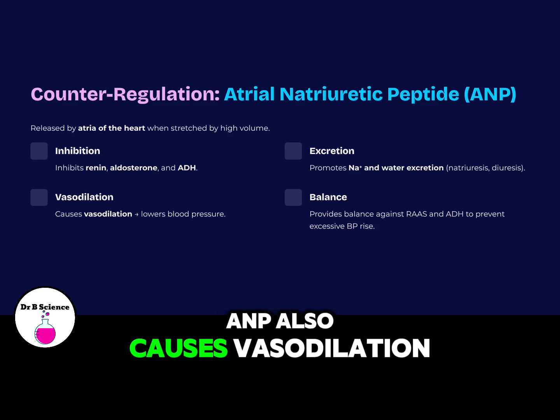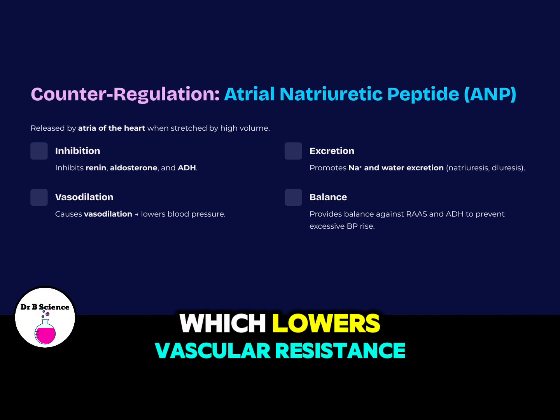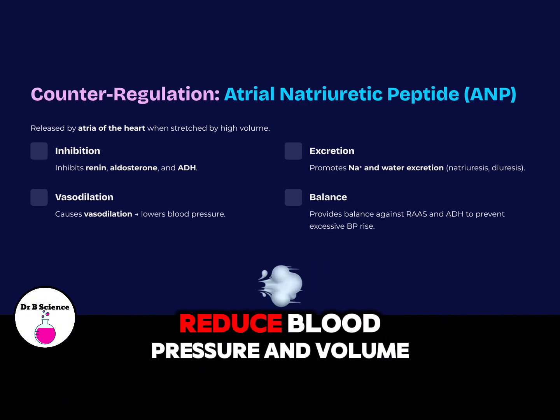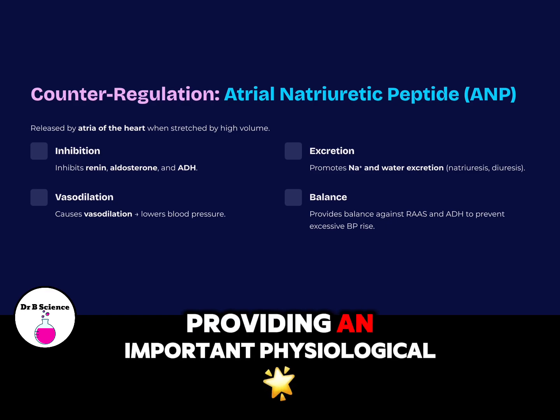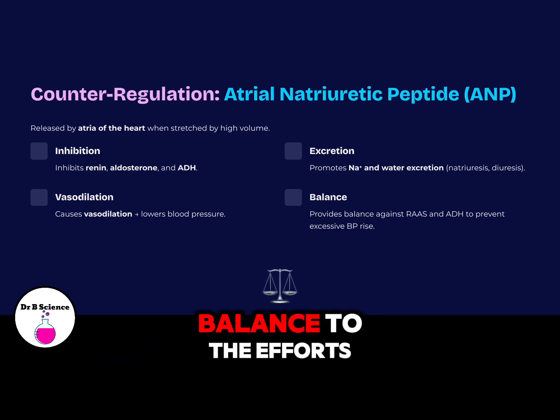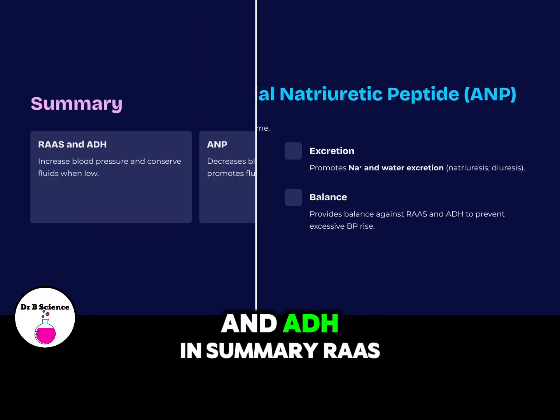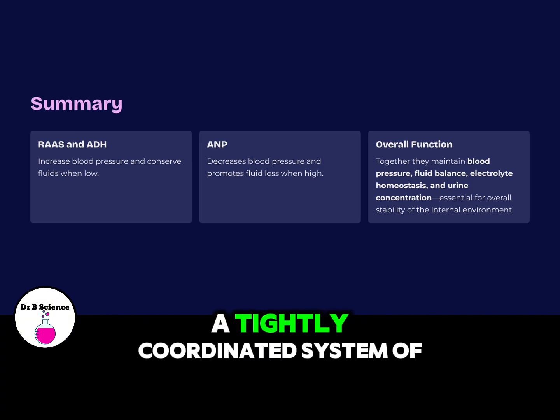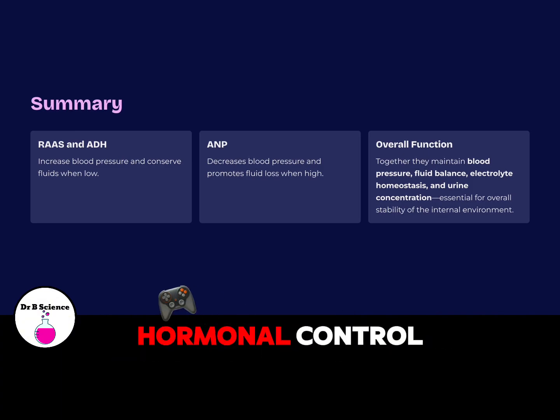ANP also causes vasodilation, which lowers vascular resistance. Together, these actions help reduce blood pressure and volume, providing an important physiological balance to the efforts of RAS and ADH.